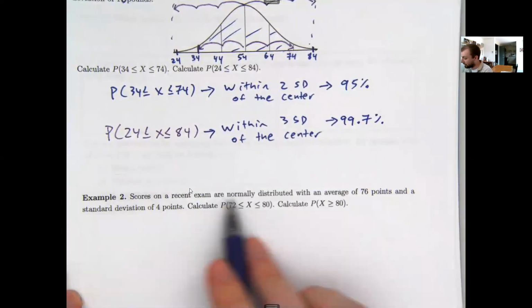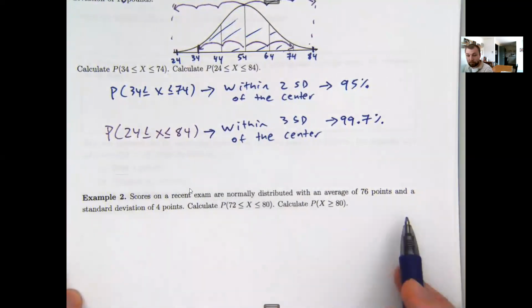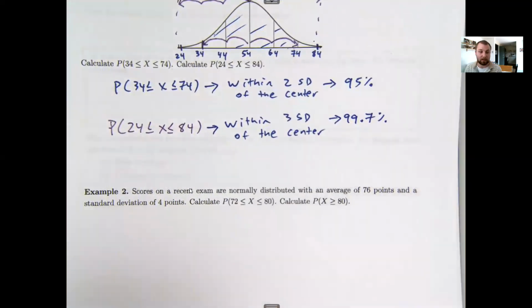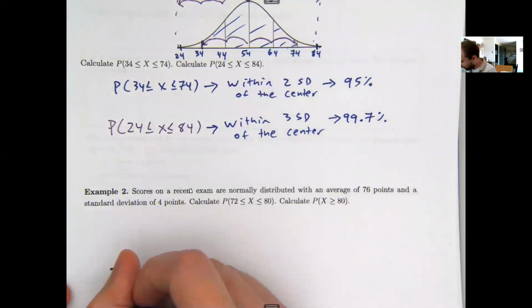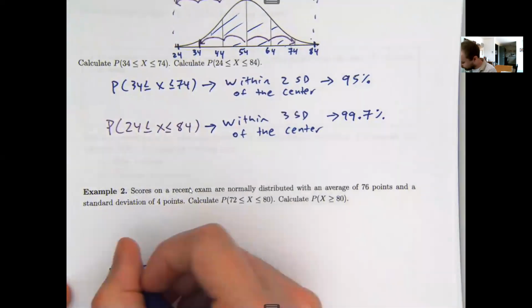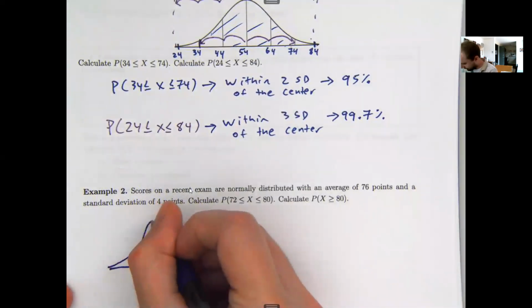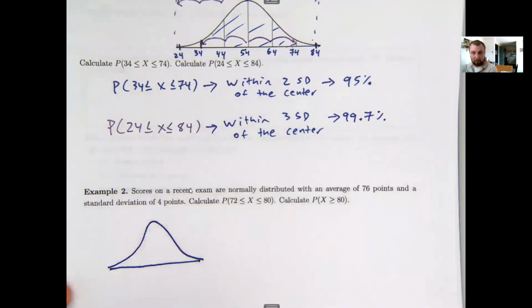Suppose on a recent exam, scores are normally distributed with an average of 76 and a standard deviation of 4 points. If someone said, I graded the test on a curve, this might be what they mean by that. So I'm going to draw the picture out. So I have my bell curve there.